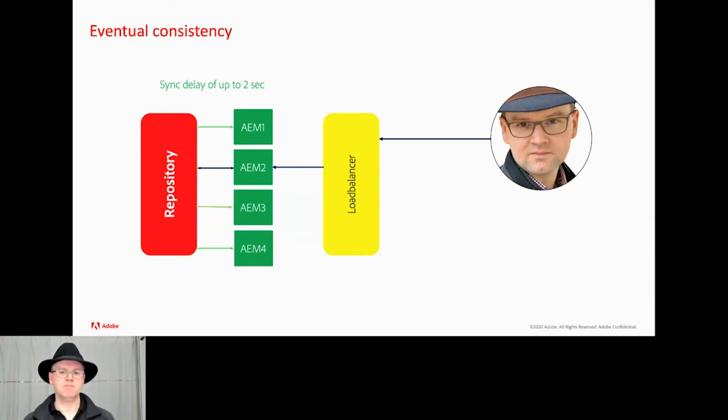To overcome this problem, a session affinity cookie has been added, which just tells the load balancer, well, Jörg always goes to AEM instance 2 for as long as this cookie is valid, which allows us to overcome this problem. So why is it a problem? Is it a problem at all?